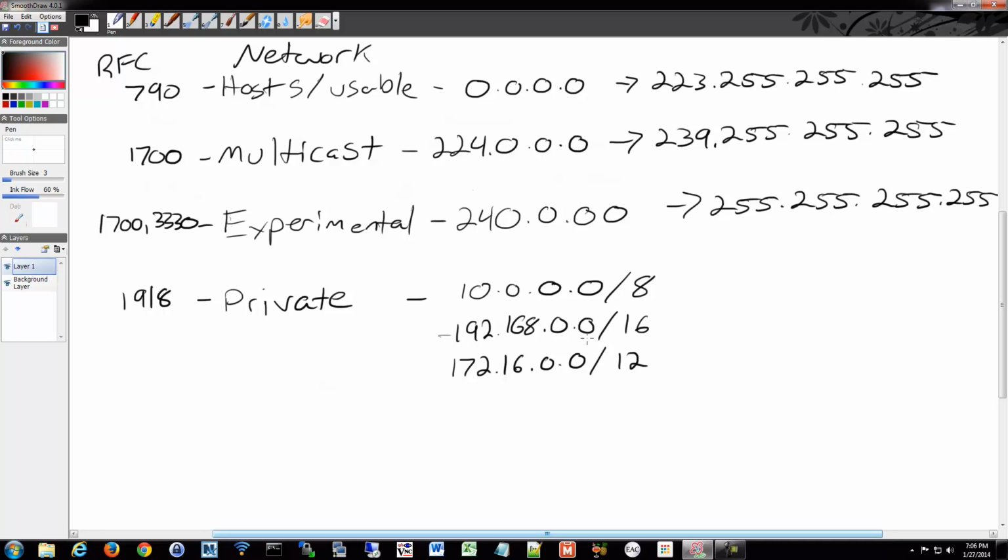And when it comes to these slashes, remember we're talking about prefix length. So we have /8, /16, and /12. So what does that mean? /8, that's going to be your first octet. So anything 10.anything is private. That is a lot of IP addresses that are available. I mean, you can do anything with that. It's huge. 192.168, that's /16. We're going to stop here at the second octet.